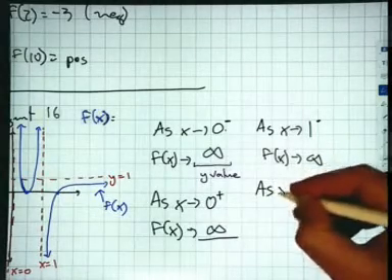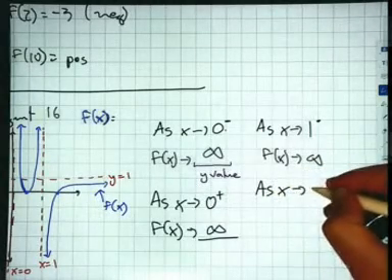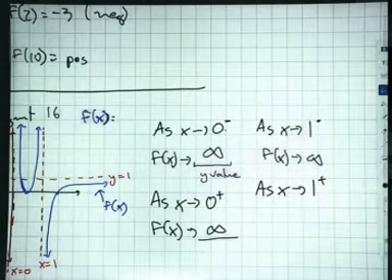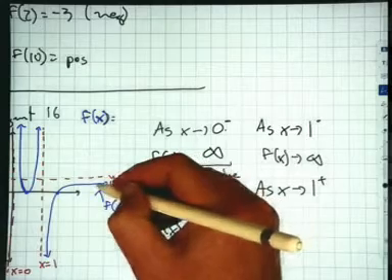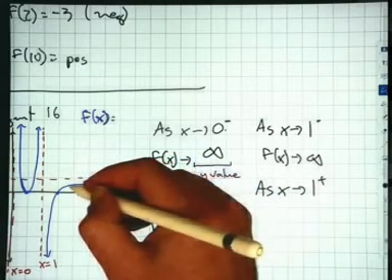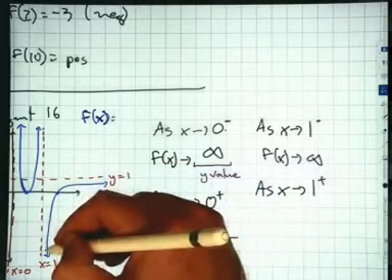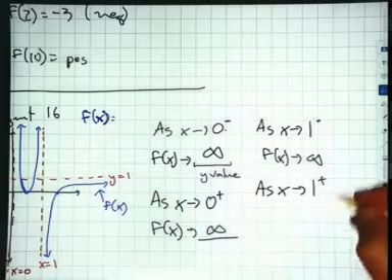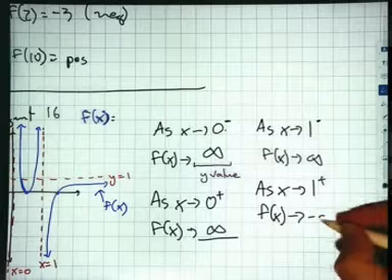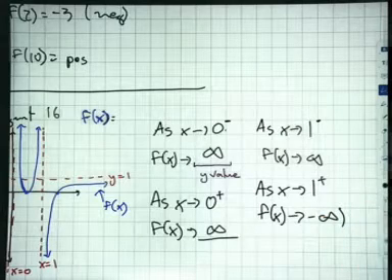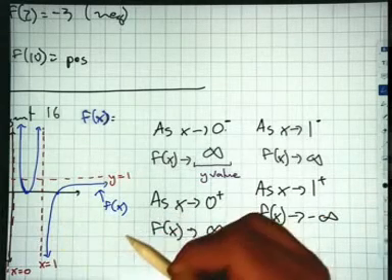But you can see that as we approach 1 from the right, so now we're on the right side of 1, tracing the graph, what is the graph doing? It starts going down, down, down, down, down. That is approaching negative infinity as we get closer to 1.